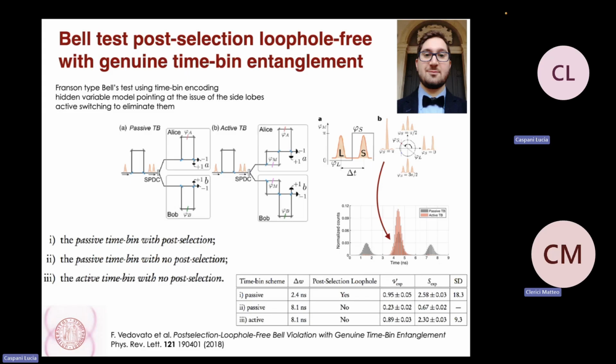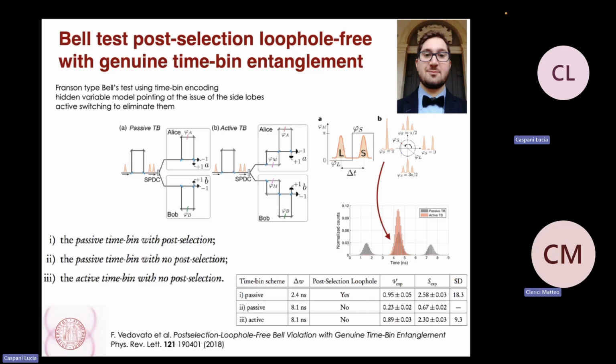And in our case, we enter the timing domain by addressing this issue and showing that if you have this Mach-Zehnder interferometer with the unbalance at the receiver, you may solve the issue by using an active switch, that is, a balanced Mach-Zehnder with an active phase modulator on it that allows you to divert the early pulse that comes from the source into the long arm and vice versa.